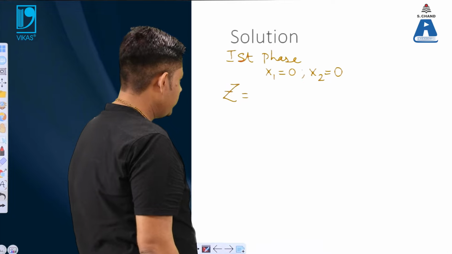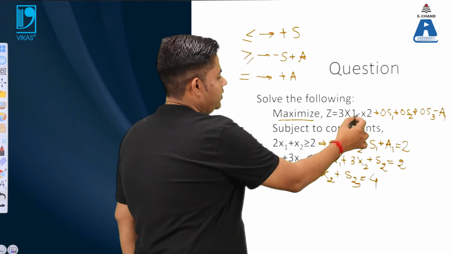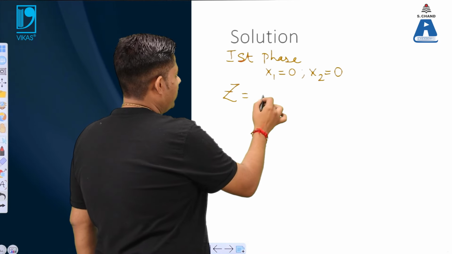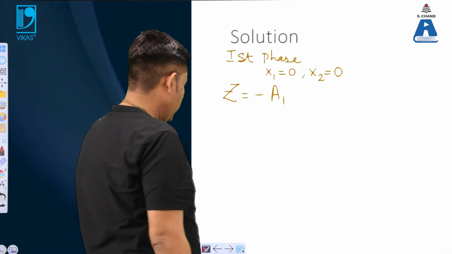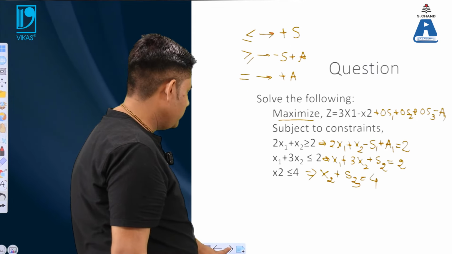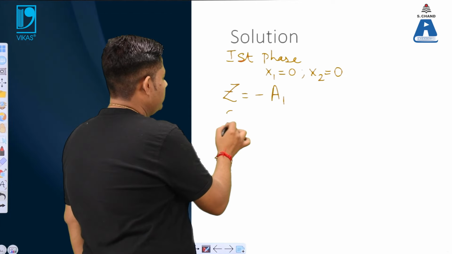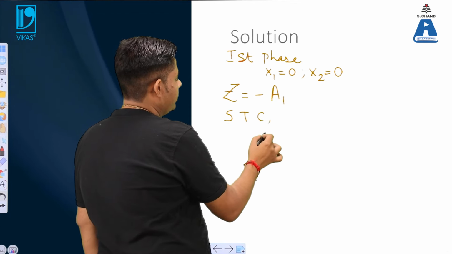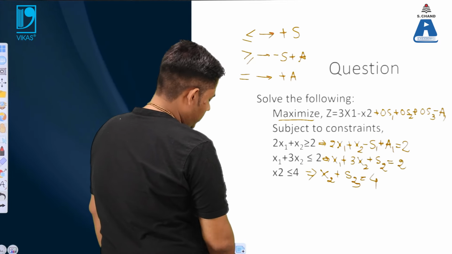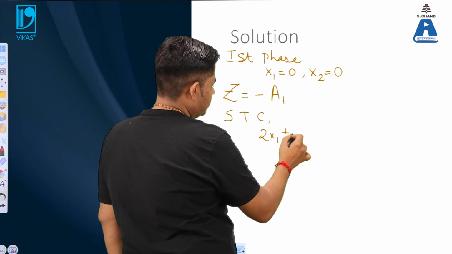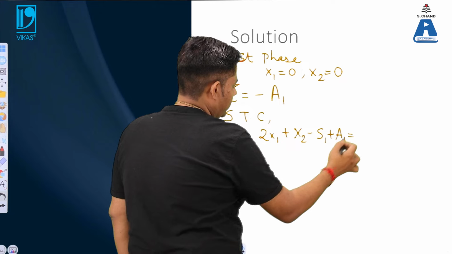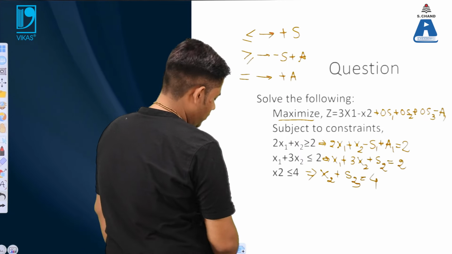That means you would be writing here maximization of z equals, all these decision variables being 0, you will only be left with minus a1, and these constraint equations would remain the same. So it would be subject to the same constraint equations, that is 2x1 plus x2 minus s1 plus a1 equals 2.